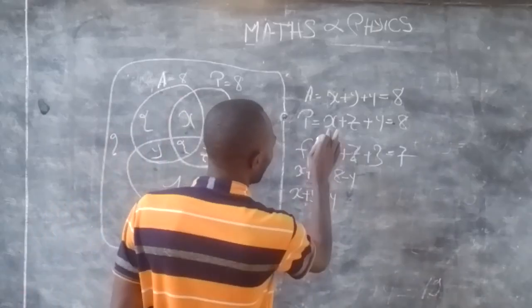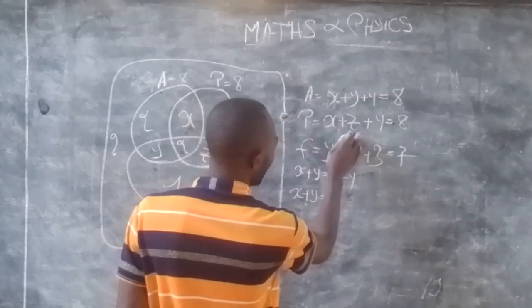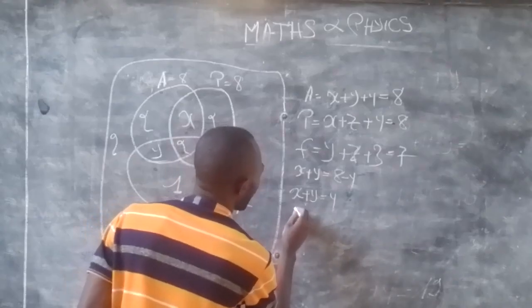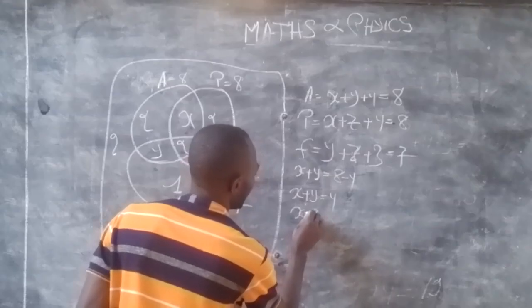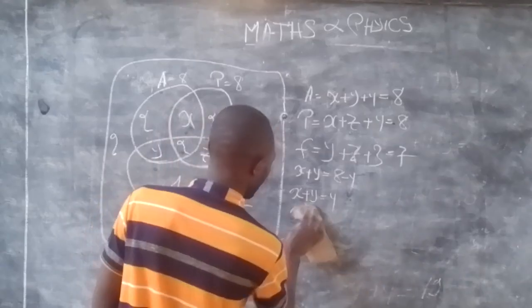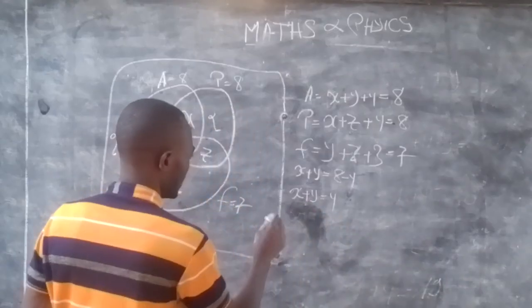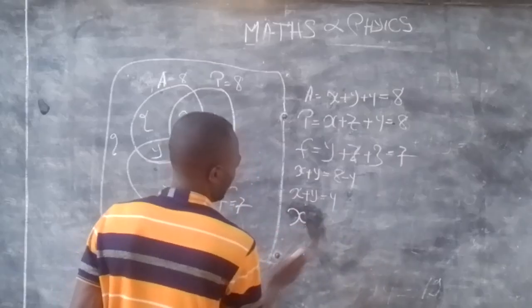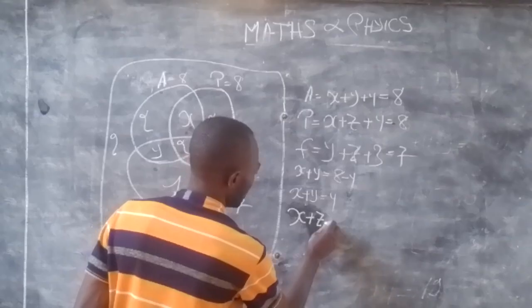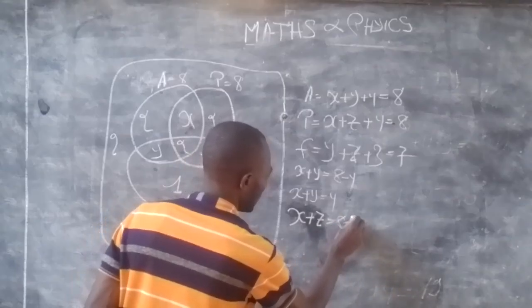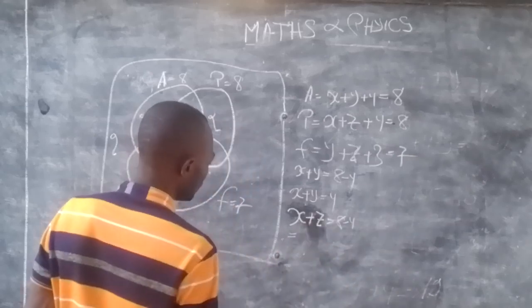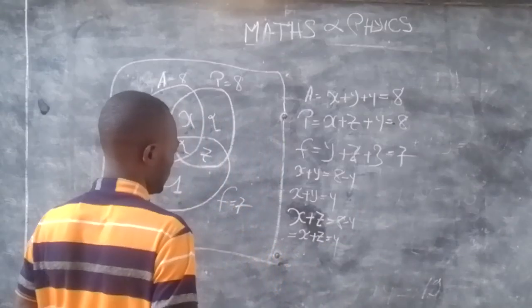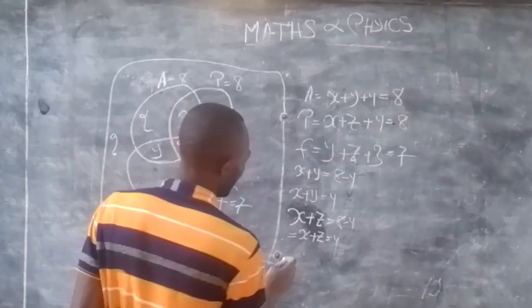Here we also have x plus z. Let's enlarge it to make it clear. x plus z equal to 8 minus 4, so x plus z equals 4.